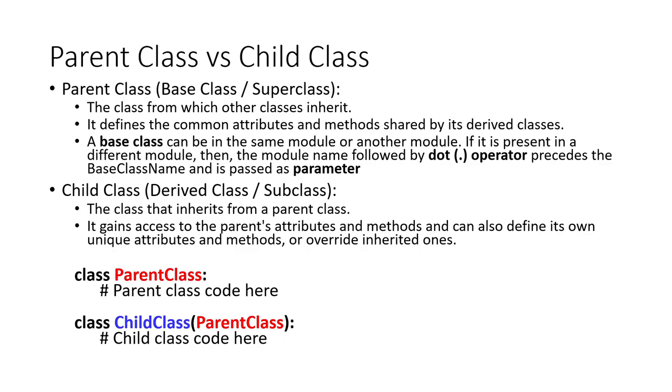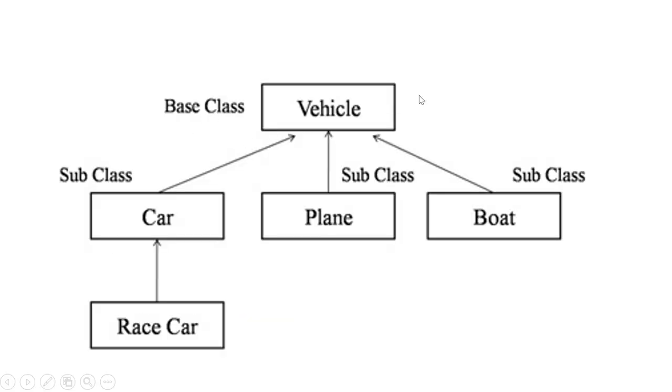For example, in our example we can define like this: class vehicle, then class car, and within the brackets we have to mention vehicle. Class plane, within the brackets mention vehicle.